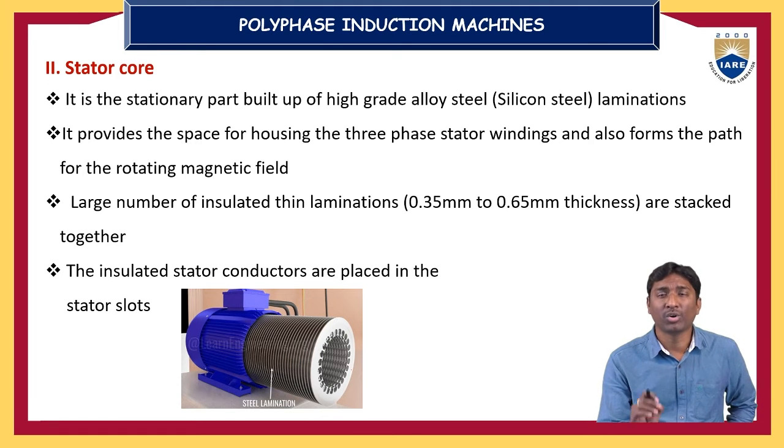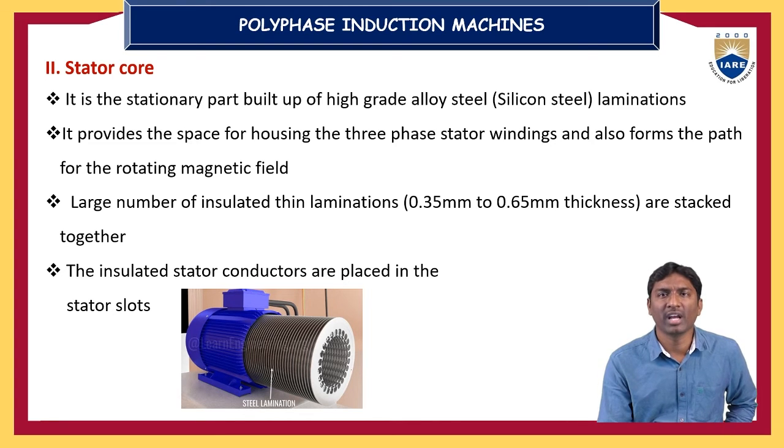To reduce the reluctance path and the losses in AC machines, that is, induction machines. The thickness is approximately 0.35 mm to 0.65 mm, stuck together.